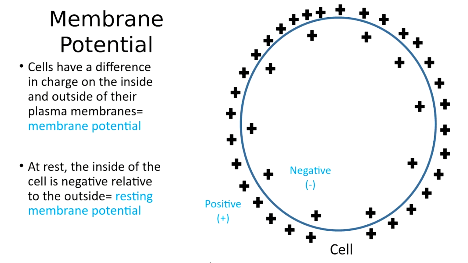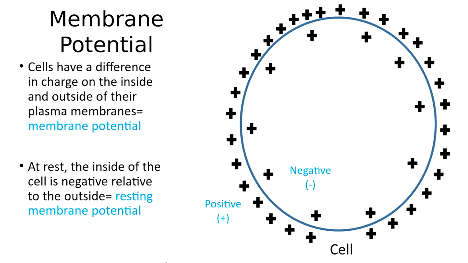As we're building our understanding of what membrane potential is and the fact that it's important with skeletal muscle contraction, there's another term you should become familiar with: resting membrane potential. When we talk about a skeletal muscle cell at rest, this is a cell that is not contracting.